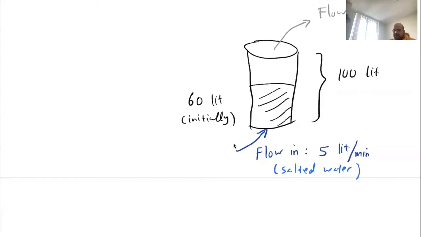So first is 60 liter, after 1 minute becomes 62 liter, after 2 minutes becomes 64 liter, and so on. Ultimately the tank will be full and it will be 100 liter. We want to know at that time how much salt we have in the tank.